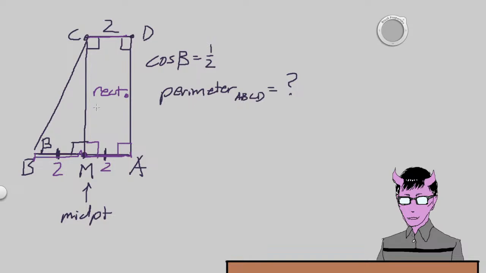What else do we know? Well, we've exhausted this number here and the fact that this is a rectangle. So let's move on to this given information. Given that the cosine of beta is equal to 1/2, well, where are we looking? Right here. And cosine gives us the ratio of adjacent relative to hypotenuse.